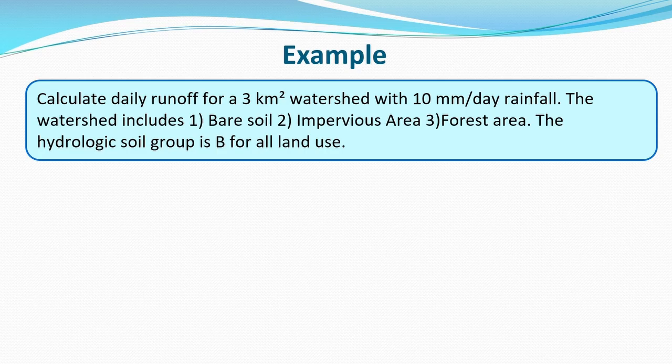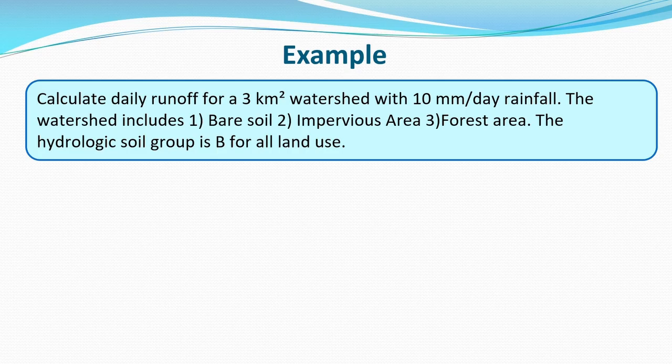The watershed is divided into these land uses. It includes bare soil, impervious area and forest area. The hydrologic soil group is B for all the land uses.